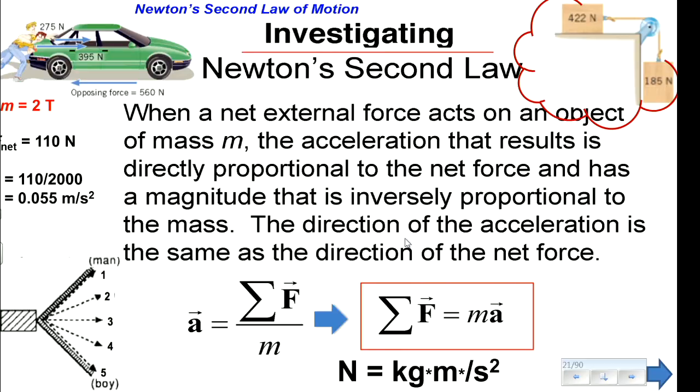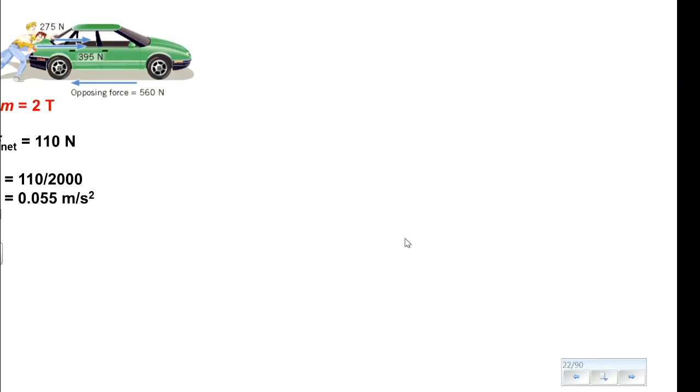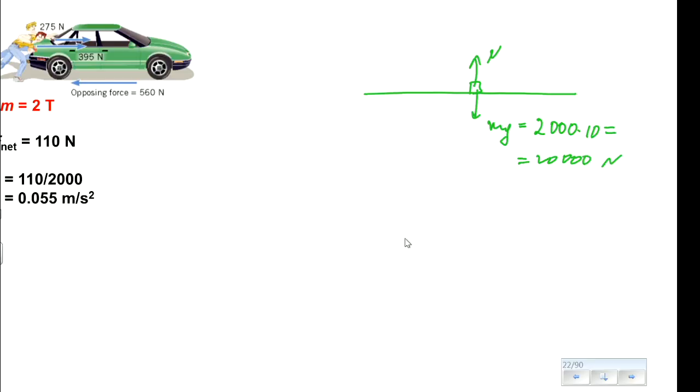Well, further investigation of Newton's law. This is a very simple example. Car, normal force, gravity equal to 2,000 kilograms times g. We also see 2 forces directed to the right, 1 force directed to the left.